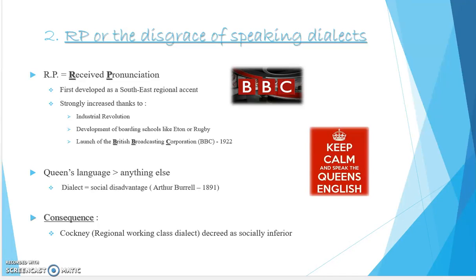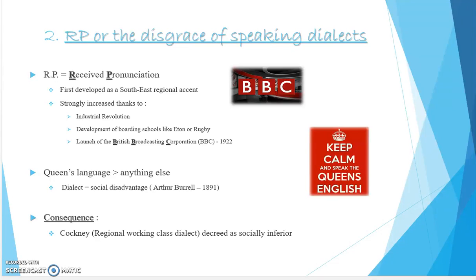As talking on the radio was something serious, you had to have a neutral accent, something that everyone could understand. RP was this alternative to dialects. We can compare RP to our Standaard Nederlands in Dutch.